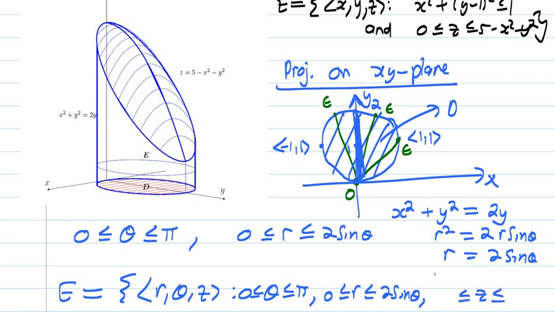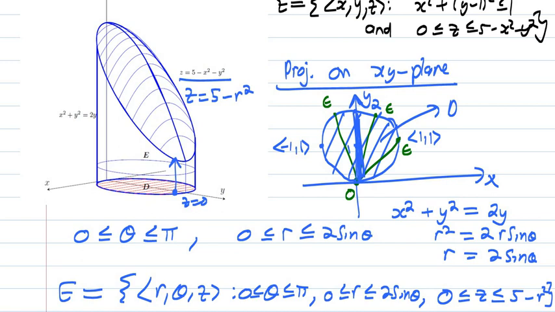So when you shoot a rocket, you can see it starts here when z is equal to 0, and it ends here on the surface z equals 5 minus x squared minus y squared. All right, so that means z is 5 minus x squared plus y squared, which is z is 5 minus r squared. So you see that the z values range between 0 and 5 minus r squared. All right, so what we've done now is we have described E using cylindrical coordinates.